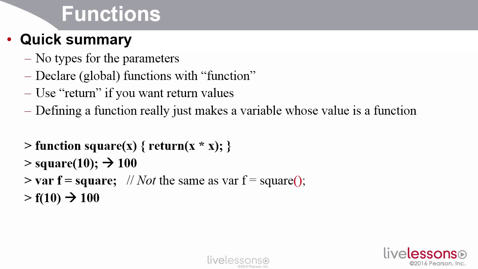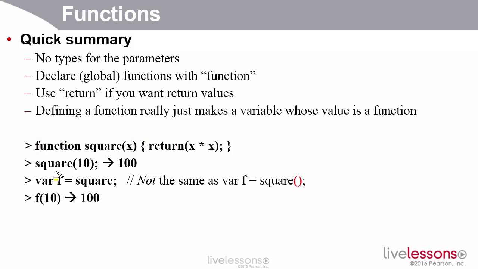Okay, so a really quick example. I define the function called square. I use the function operator. I declare a parameter, but I don't give it a type. I don't say it's a whole number or it's a string or it's an array. I just say it's x. And I use a return to give the value back from the function.